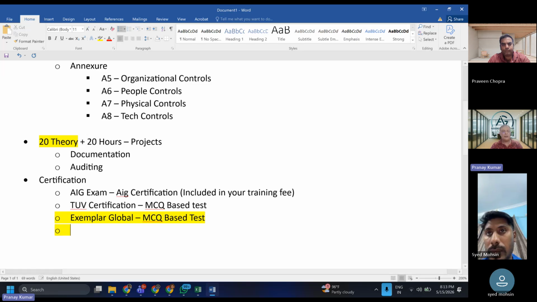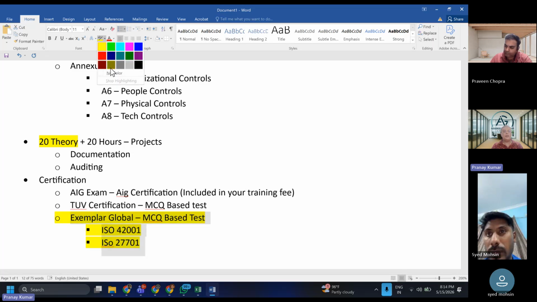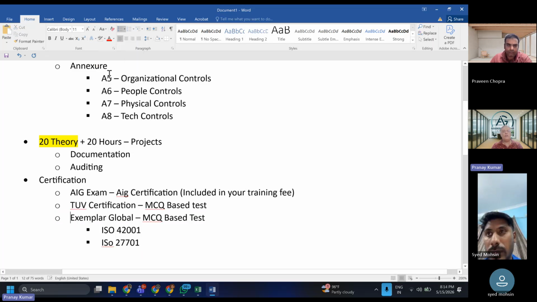I took ISO 42001 from them about 5-6 months ago, and I've done 27701. A lot of newer certifications I've done through Exemplar. TUV is a big brand name, especially in the ISO area, so TUV certificates will hold a lot of value. Exemplar also holds a lot of value.